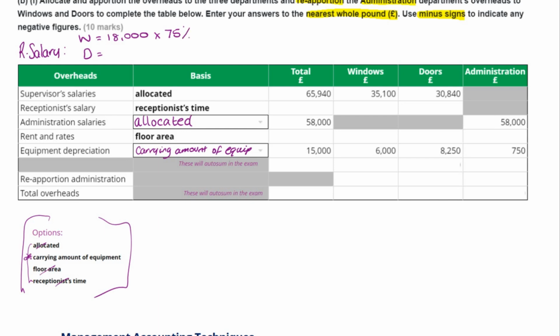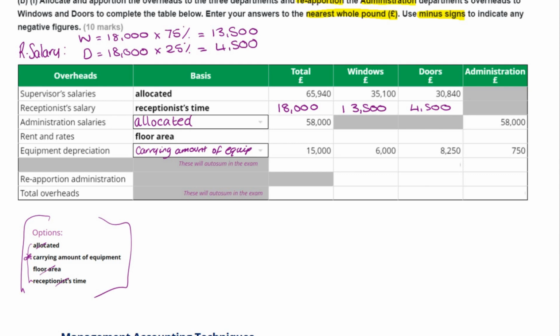So 75% of that 18,000 needs to be charged to windows, which gives us 13,500, and 25% is charged to doors, which gives us 4,500. So we can now put the figures in. So it's a total of 18,000, 13,500 to windows, and 4,500 to doors.